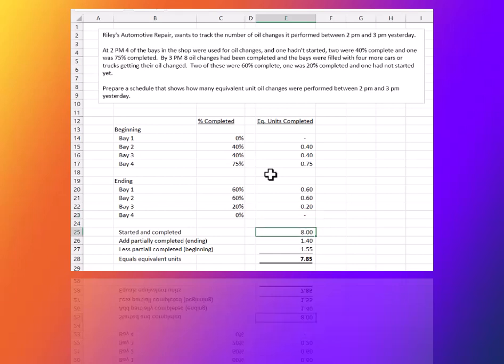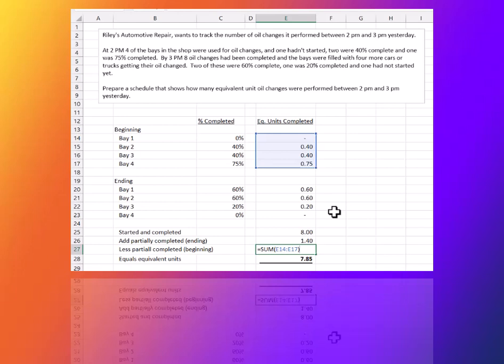So then we say, how many were started and complete? They said 8 were. Okay, and we had 1.4 units completed in ending inventory. That's the 2 that's 60% plus 1 at 20%. So we started and completed 8, but we actually started working on some that weren't complete.